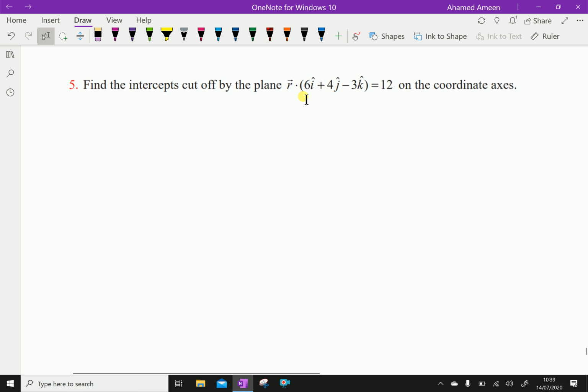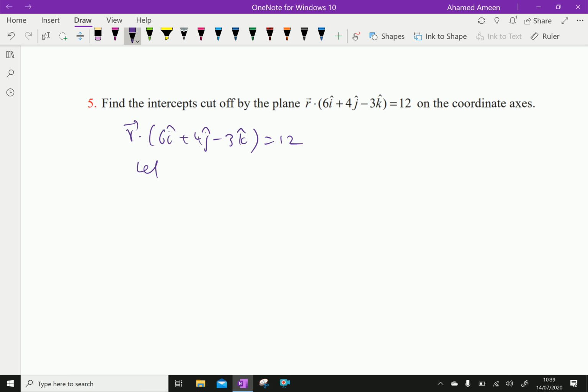Here the vector equation r dot 6i plus 4j minus 3k equal to 12 is given. Let r vector equal xi plus yj plus zk.